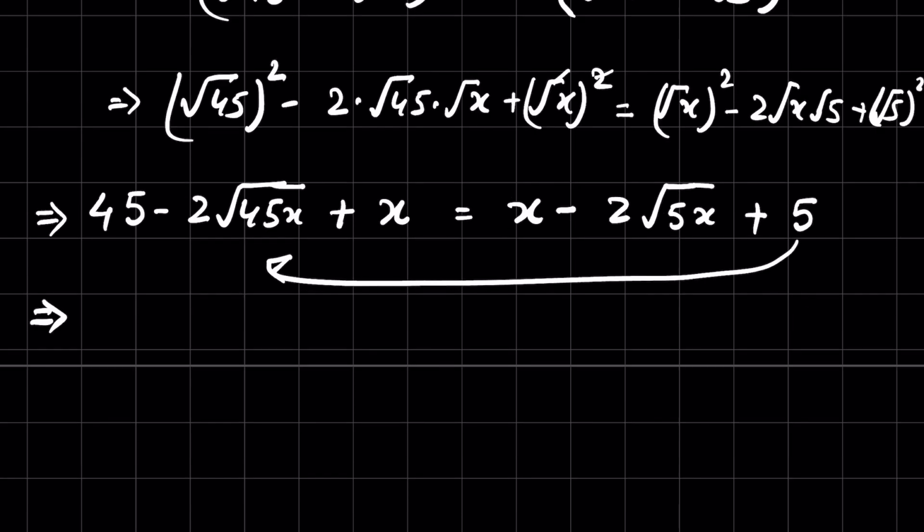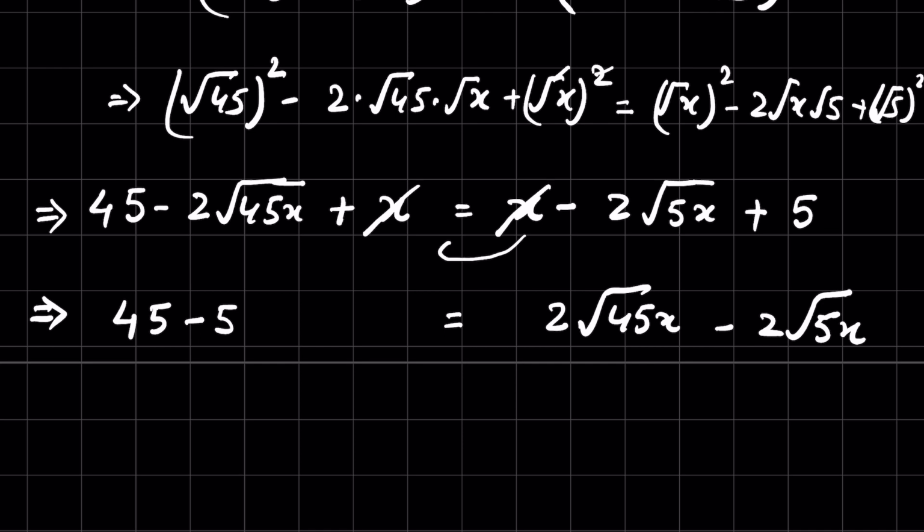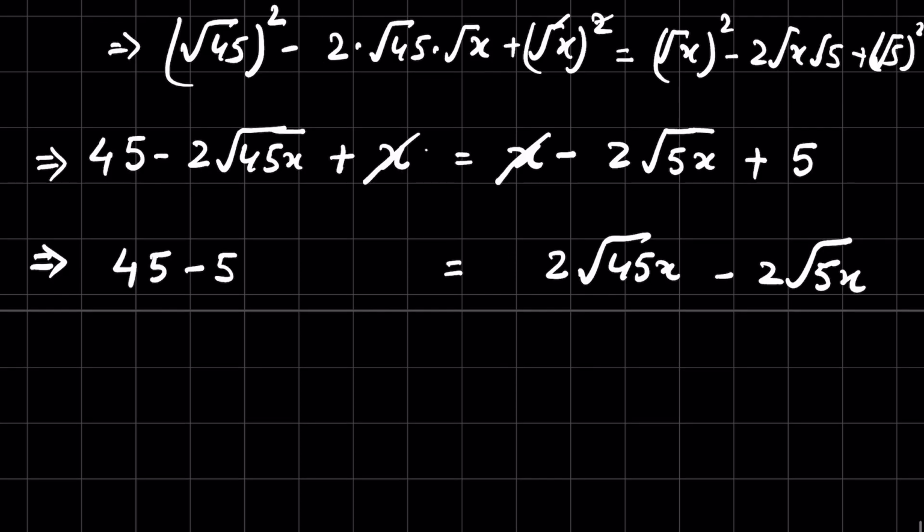Now, if we send 5 to the left hand side, keeping the numbers to one side and variables to the other side, so it will be 45 − 5 because it's plus 5, and then send this 2 times √(45x) to the right hand side, then it will be 2 times √(45x) − 2 times √(5x). It's negative, so it's positive now, and we can remove this x and this x, because if you send x to this side, it will be negative x, and then x − x will be 0.